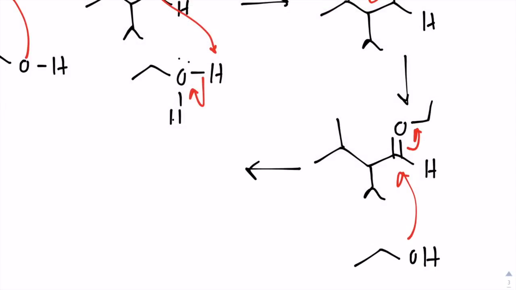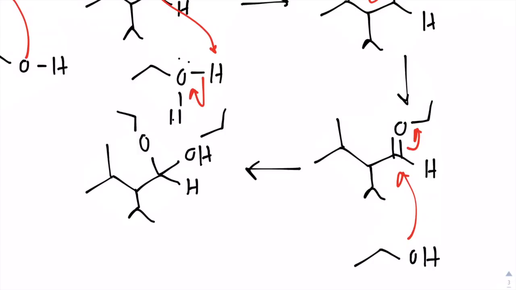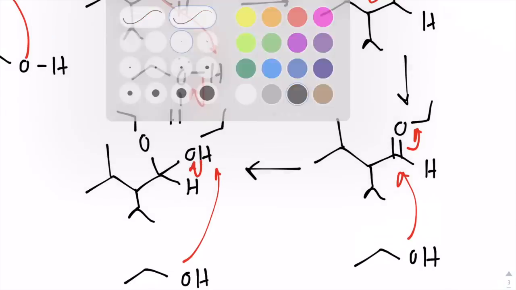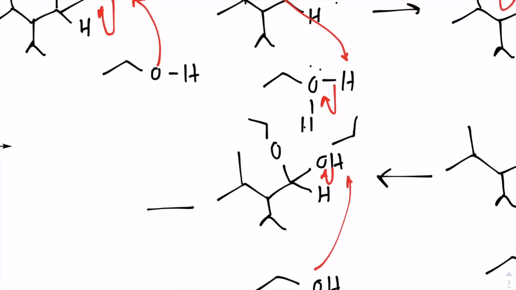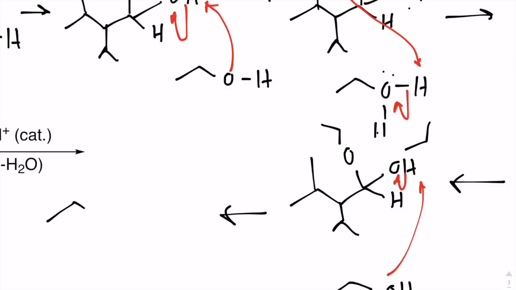And you are going to get a product that looks like this. And the last step of this reaction is to just remove that final proton on that alcohol by doing this. So then your final product should be that acetal structure. So it looks like this.